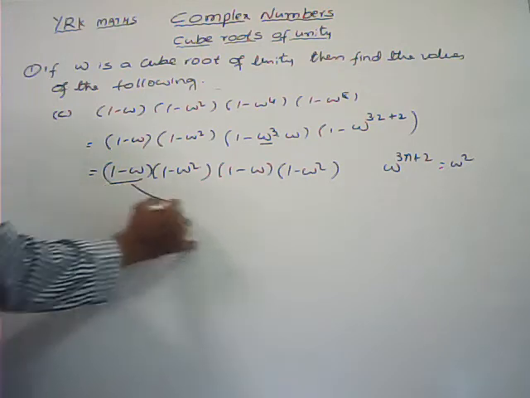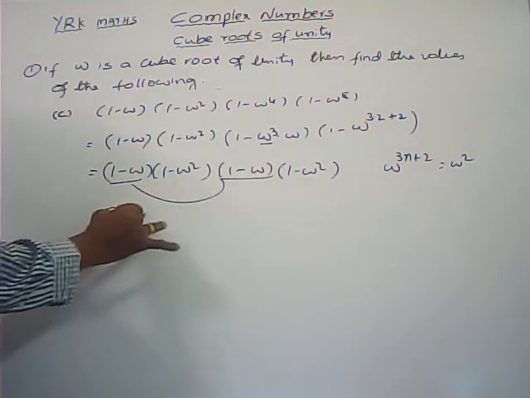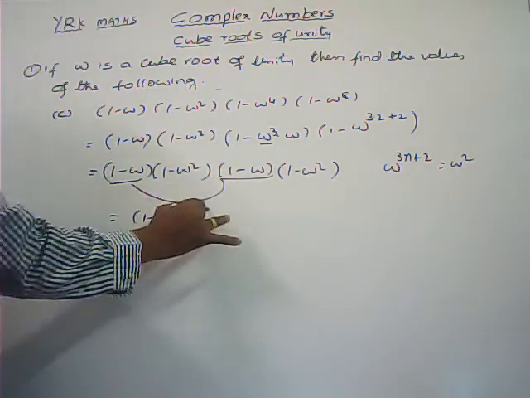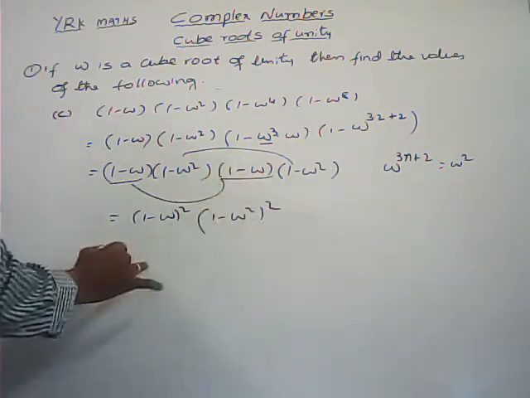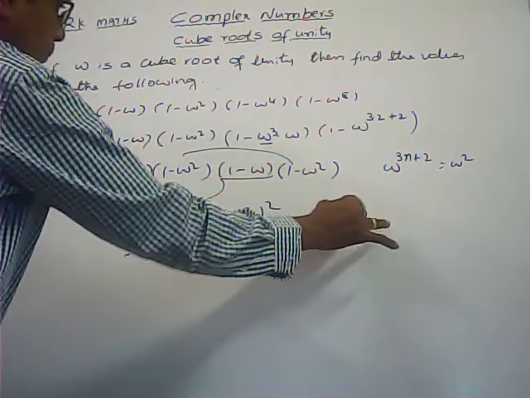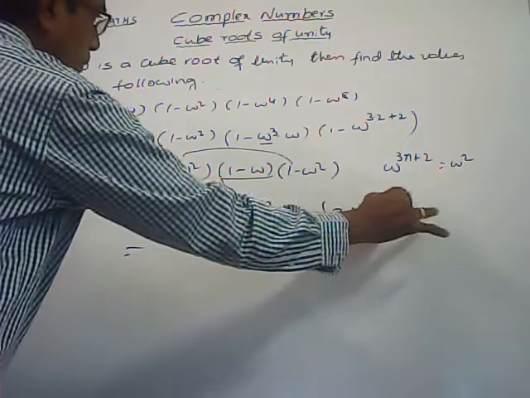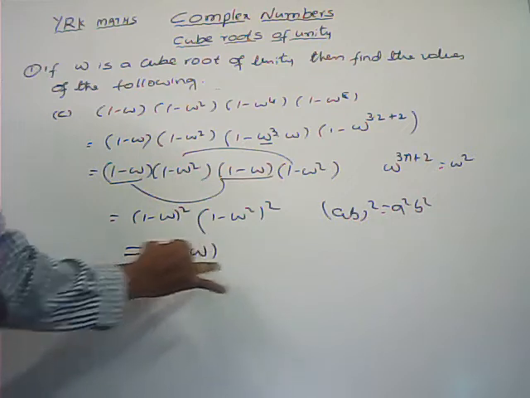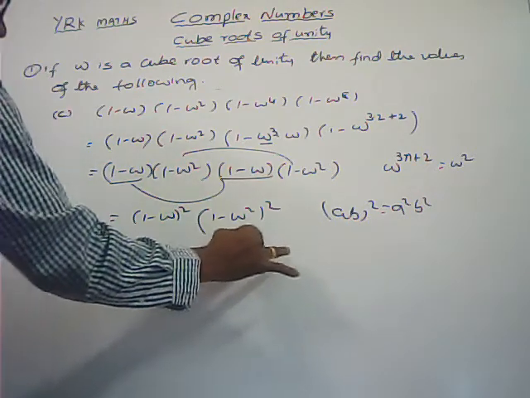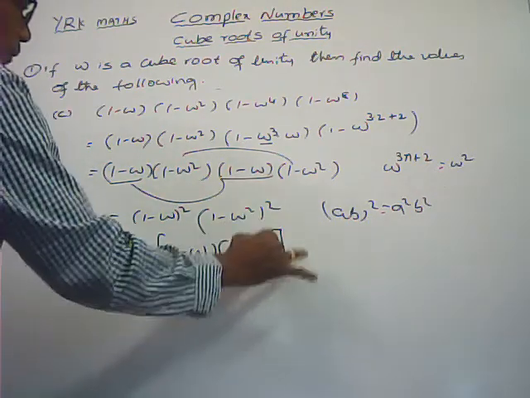Now these two are same, 1 minus omega whole square, and these two are also same, 1 minus omega square whole square, and a into b whole power 2 we can write a power 2 into b power 2. So here we can write 1 minus omega into 1 minus omega square whole power 2.